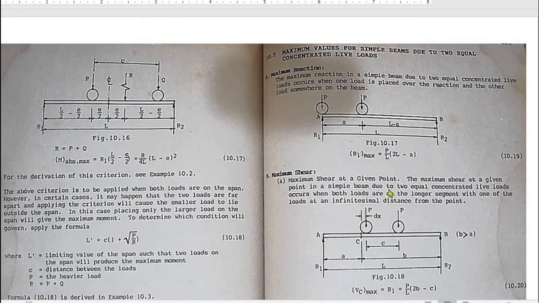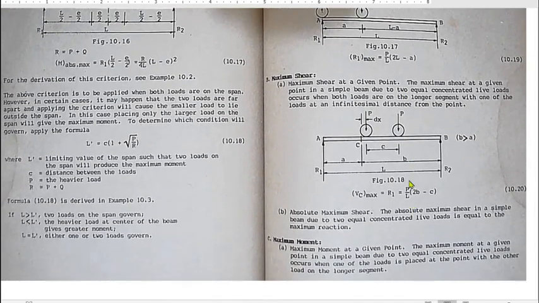And then for maximum shear at a given point in a simple beam due to two equal concentrated live loads. Yan. Ibig sabihin, this is the same. No? Parehas silang P. Obviously, ang resultant niyan is 2P at ang kanilang location ng resultant is C over 2.